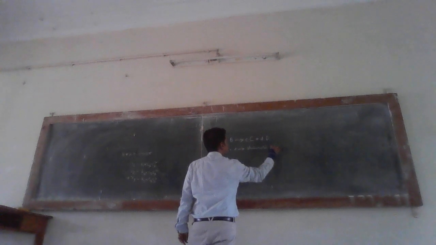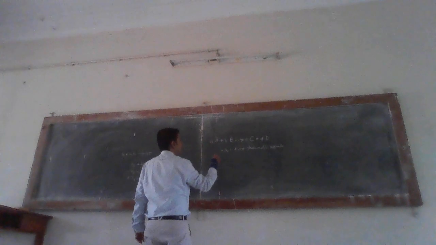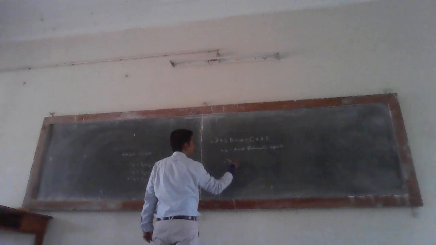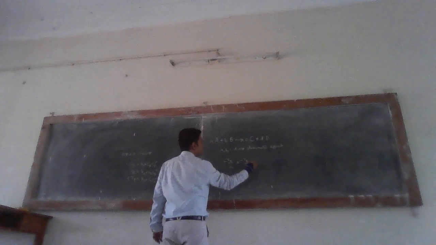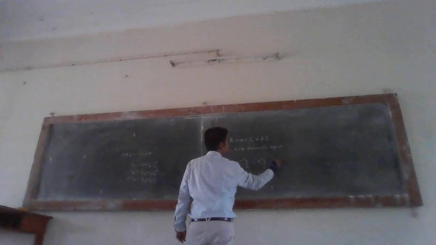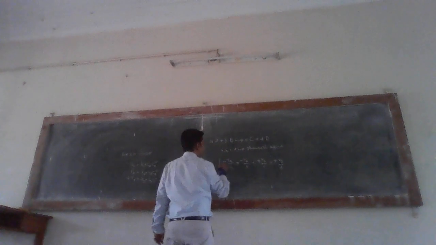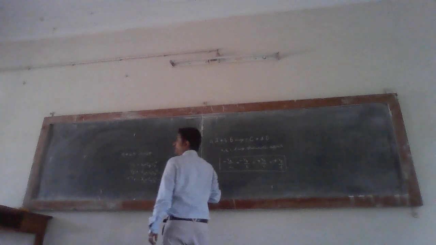So what do you mean by stoichiometric coefficients? Mole ratios. Now, what is the relation? Minus Ra by small a is equal to minus Rb by small b is equal to plus Rc by small c is equal to plus Rd by small d. This is the relation for any reaction of this sort.